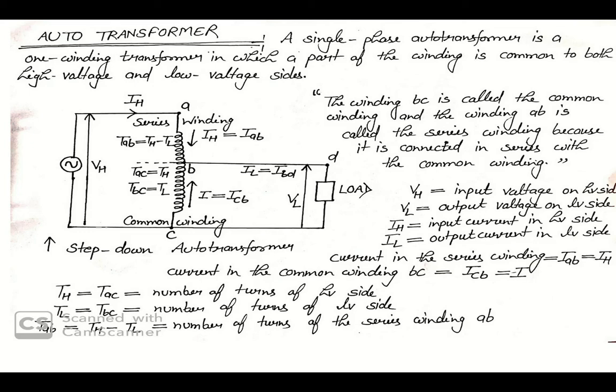Also, the effective per unit impedance of an auto transformer is smaller compared to a two winding transformer. The reduced internal impedance results in a larger short circuit current. So these are the disadvantages of the auto transformer.